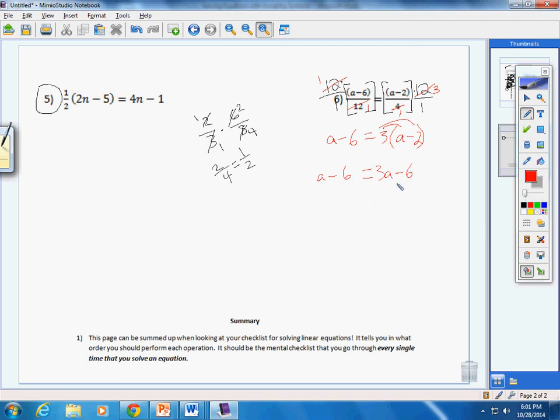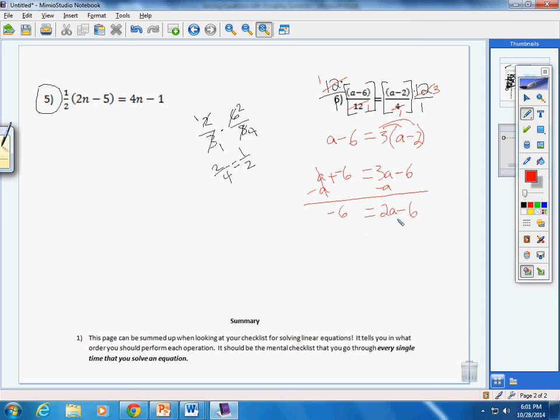Combine like terms, don't have any. Step 6, let's get all our variables on the same side. So I'm going to subtract 1a from both sides. a minus a is 0. I'm left with negative 6, because that's plus a negative 6, equals 3a minus 1a is 2a minus 6.